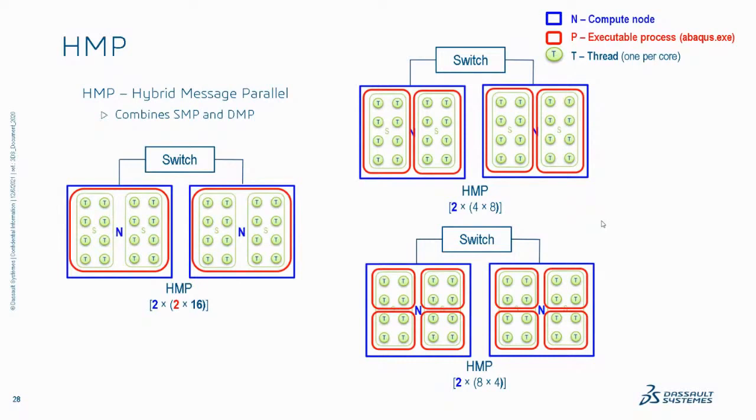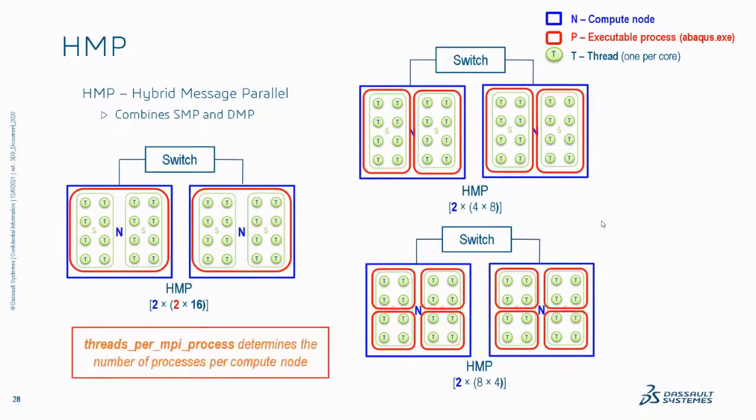I'll talk a little more about that in a few minutes. For now, I'll just mention that the parameter threads per MPI process is the parameter you use to determine the number of MPI processes per compute node, which implicitly defines the number of threads per MPI process.